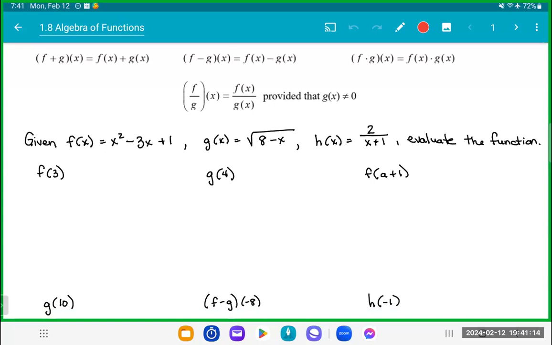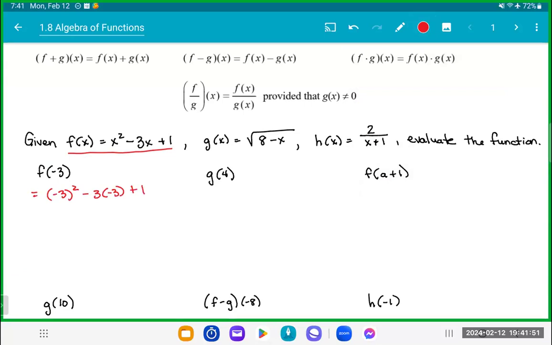Here we're given f of x, g of x, h of x. We're given 3 functions, and we want to evaluate these functions for the given values down here. For this first one, let's look at f of -3. My f function is -3 squared minus 3 times -3 plus 1.